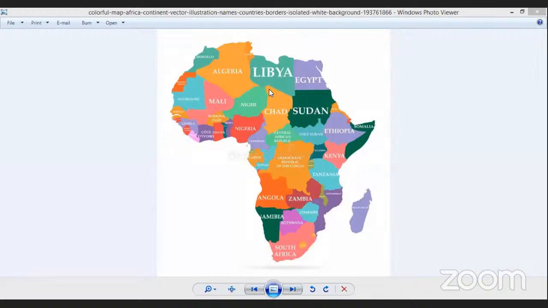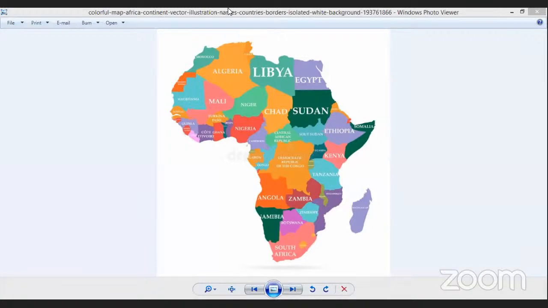This one is found mainly on mountainous and highland areas. So members, if you can check on the map of Africa, we have some areas that are mountainous. And these are the areas that have what we call Montane type of vegetation.